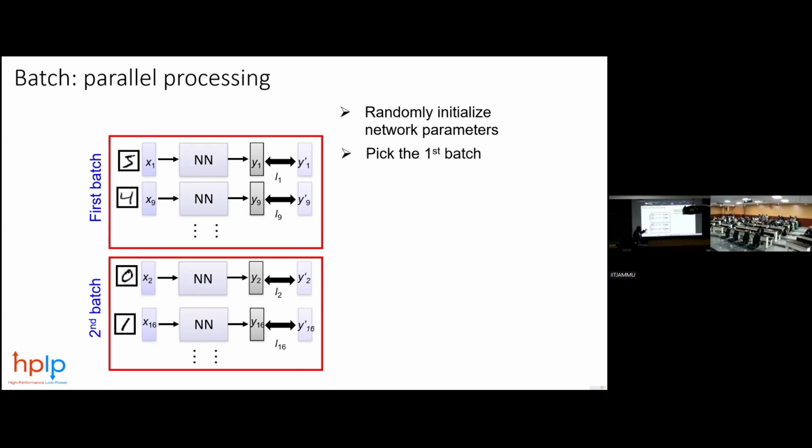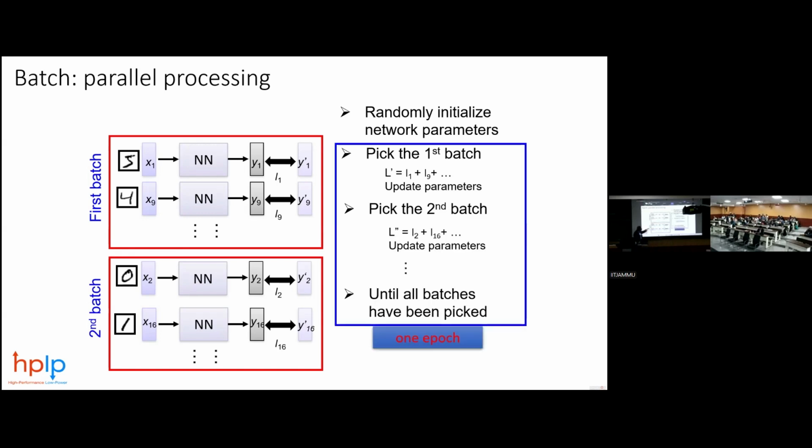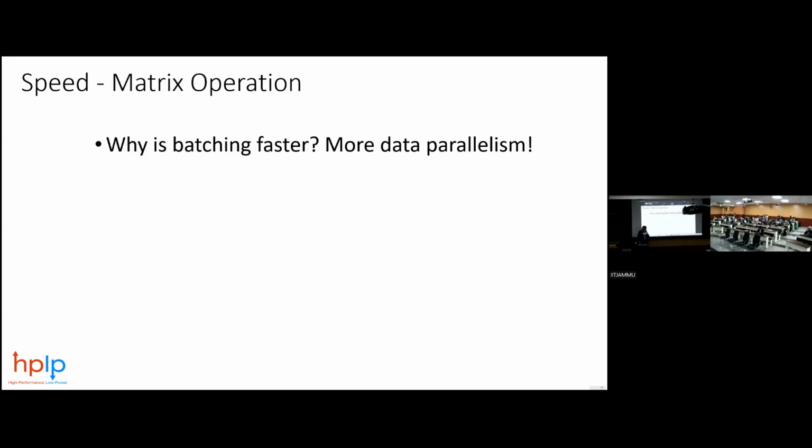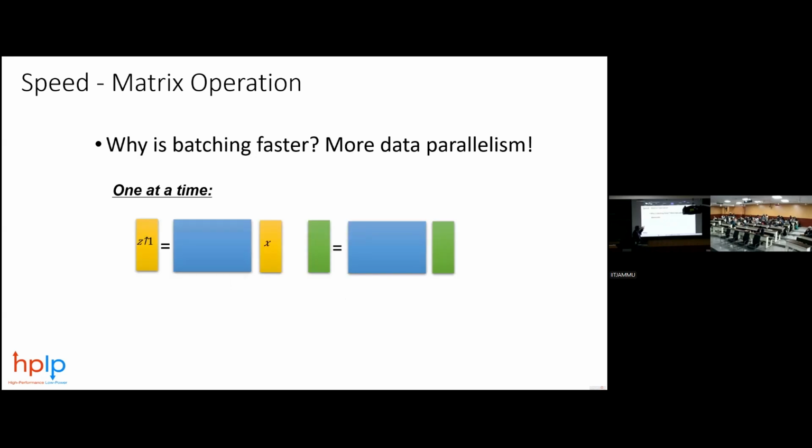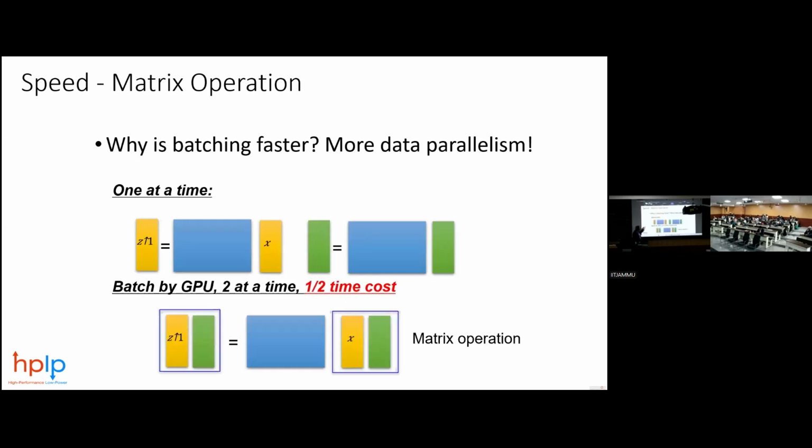You start with random, and one epoch is doing all the batches, and then you do the batches again and again.